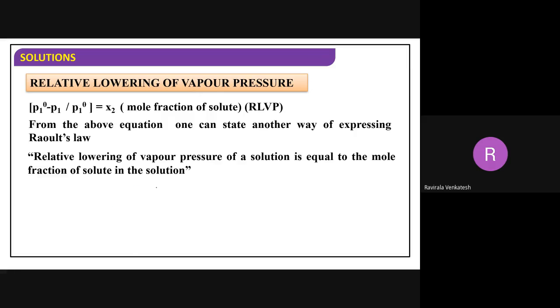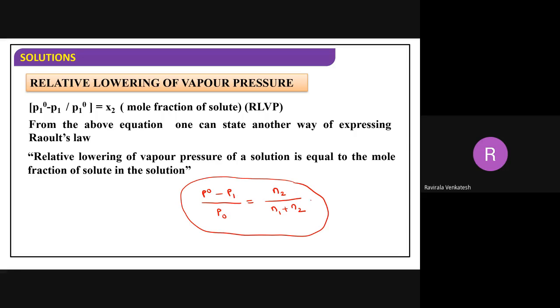I can write P naught minus P1 by P naught is equal to the mole fraction of solute, which is equal to the number of moles of solute divided by the number of moles of solvent plus solute. Now one more formula we can generate.